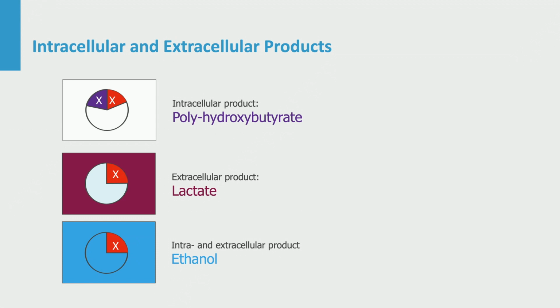Products will be largely extracellular if the cells will actively excrete them, for example lactate or excreted enzyme. Then one will recover extracellular liquid and wash the cells, the wet cells, because some liquid, including product, adheres to the cells.